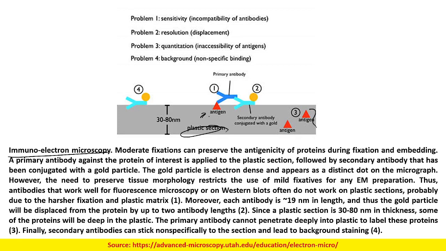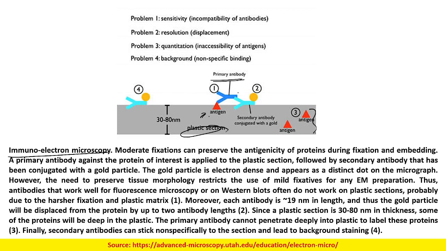First of all, some of the antigens may interact within the plastic section, and due to this reason these antigens will not be available for the antigen antibody reaction. Second thing, there may be non-specific binding of the primary antibody over the plastics. That can happen.